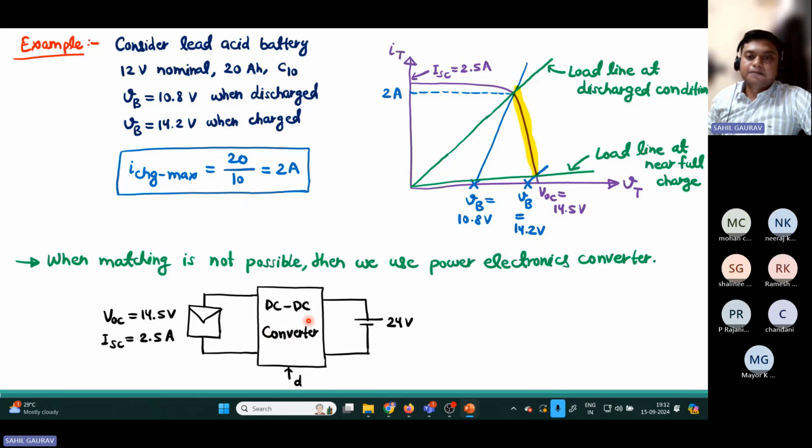So we can use a power electronics converter, a DC-DC converter, and by controlling the duty cycle, you can match the characteristics of the panel and the battery. Whatever the PV panel is seeing, the characteristics of the battery can change by controlling the duty cycle of this DC-DC converter.